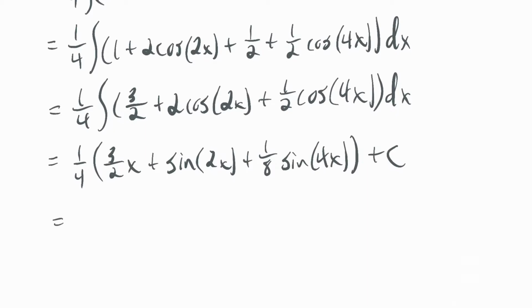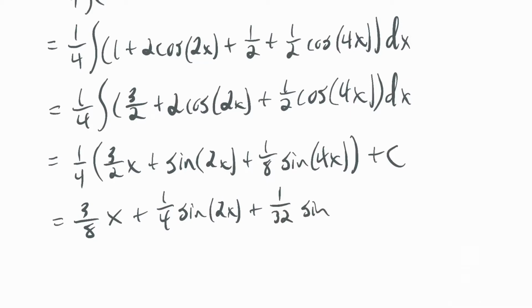And then if I want, I can distribute. I can say, okay, this is 3/8 x plus 1/4 sine of 2x plus 1/32 sine of 4x, plus c of course. Probably if I really wanted to, I could go back and try to convert this back into having exponents.